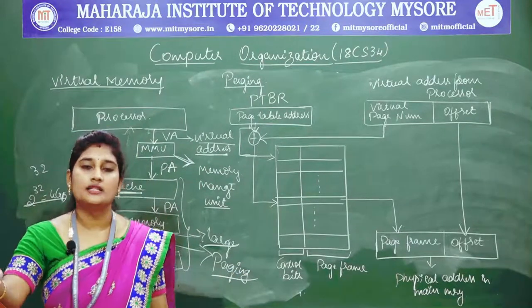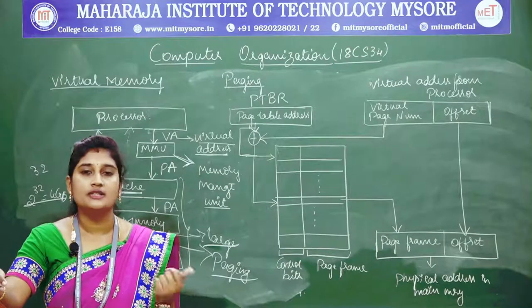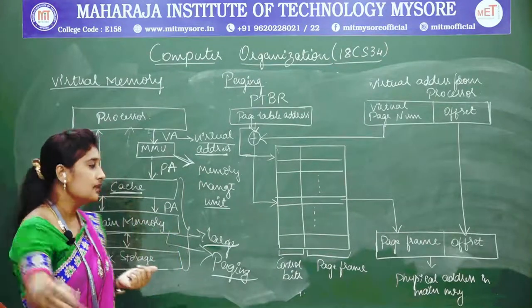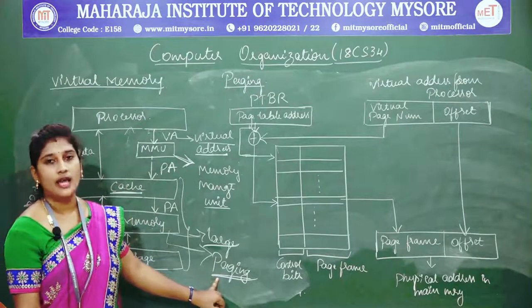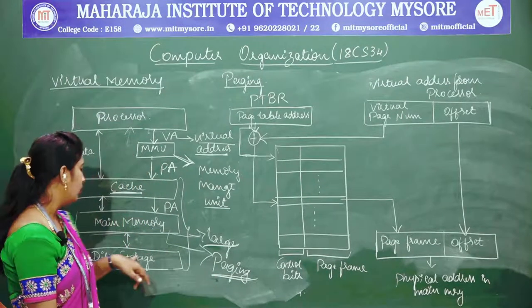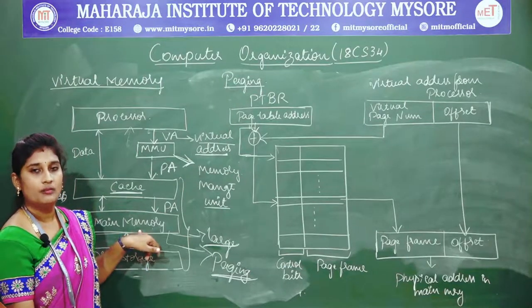In paging, for what purpose is this scheme used? Paging is used to bridge the speed gap between the secondary storage and your main memory.